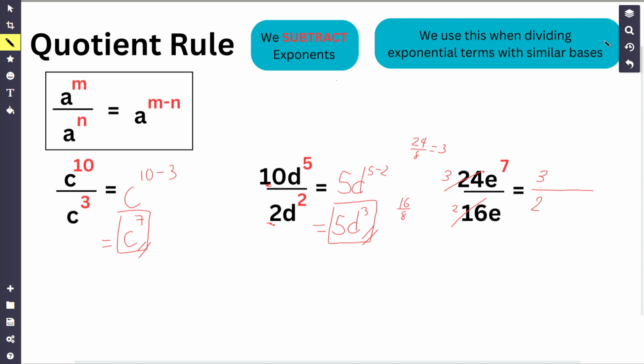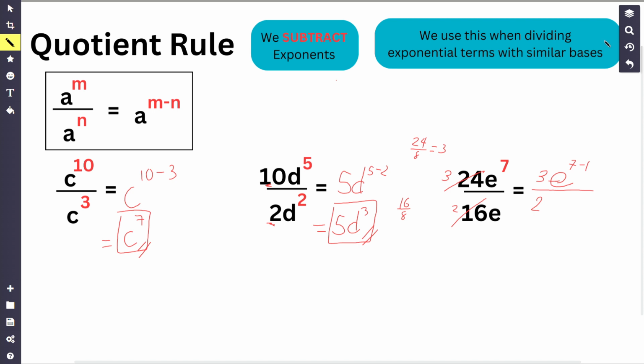Okay, now we go with e. So e, again, this is division, so we apply the quotient rule. And in the quotient rule, we just subtract the exponent. So we have here e raised to 7, and then since this is division, we just subtract the exponent.